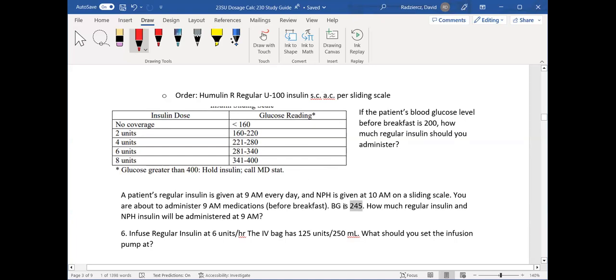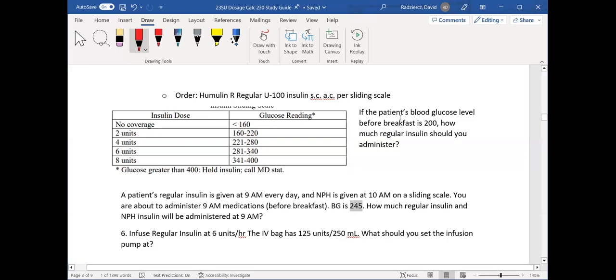For these simple sliding scale questions, like I said, I'm going to get some more clarification from Professor Geyer on that type of question, or where I can get a sample of it. But if I'm looking at this, I look for the range. This range of 221 to 280 says to give the patient 4 units. So that's where that would come in.